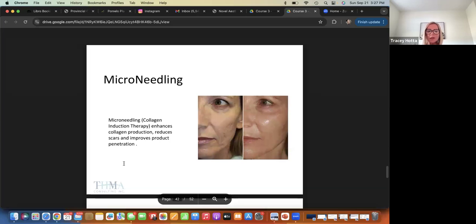Next treatment would be microneedling or collagen induction therapy. This is a fantastic treatment. It's been around for decades. It enhances collagen production, reduces scars, improves product penetration as well. So with the microneedling, you can use different serums, you can use different boosters, you can use things like PRP, exosomes, PDRN.